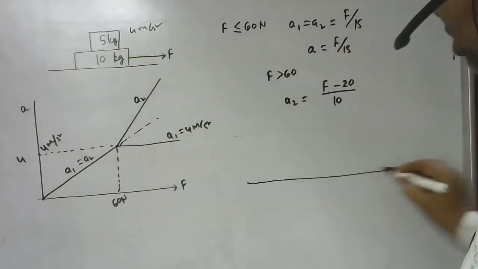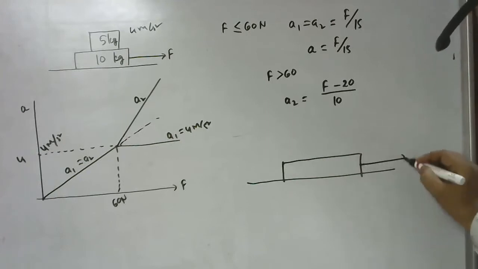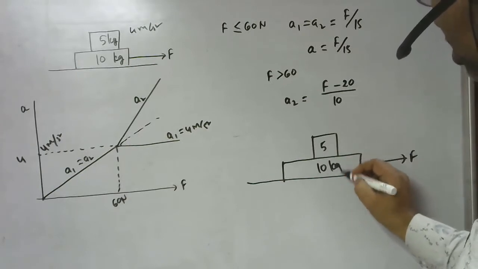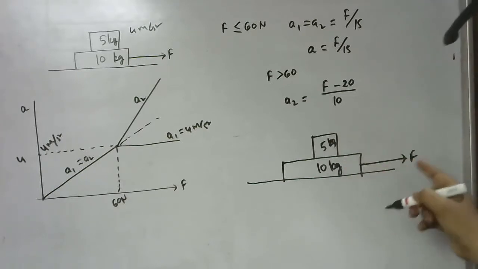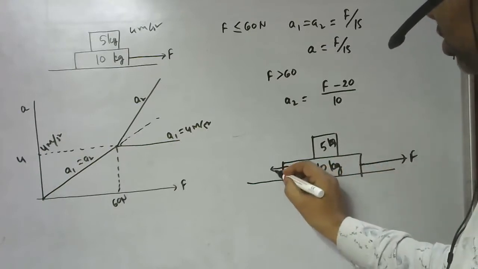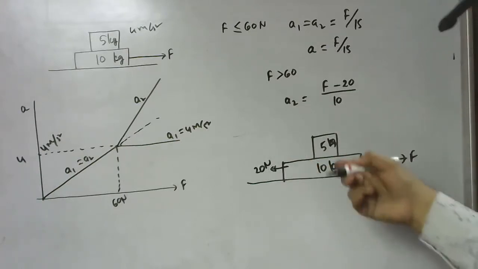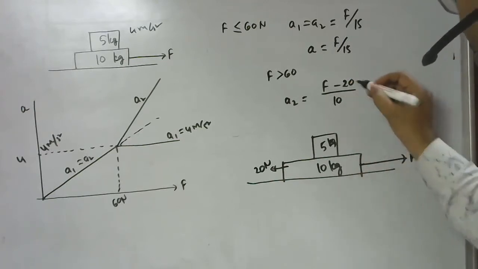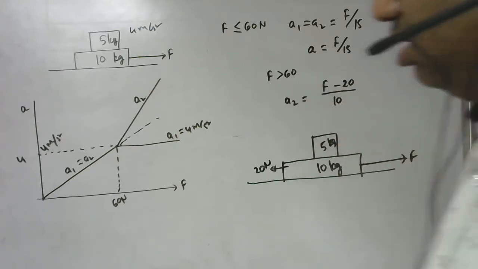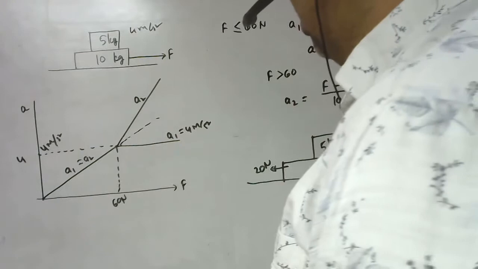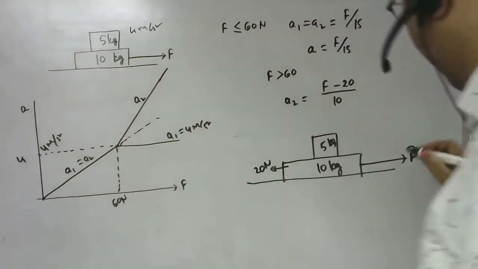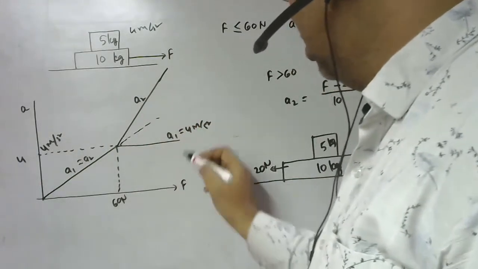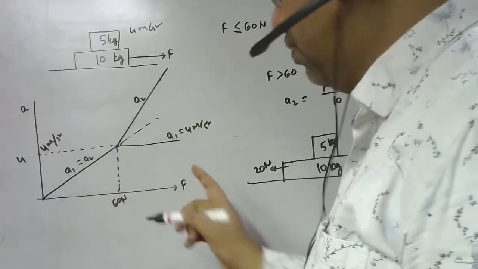I've told you that this is external force F, this is 5 kg, this is 10 kg, and the force on this is 20 Newton when they have different accelerations. So the net force on the lower block will be F minus 20 upon 10 kg. So this is an acceleration a bit more than 4 meter per second square. It keeps on increasing because the external force can also increase over time. So this is the graph of acceleration versus force.